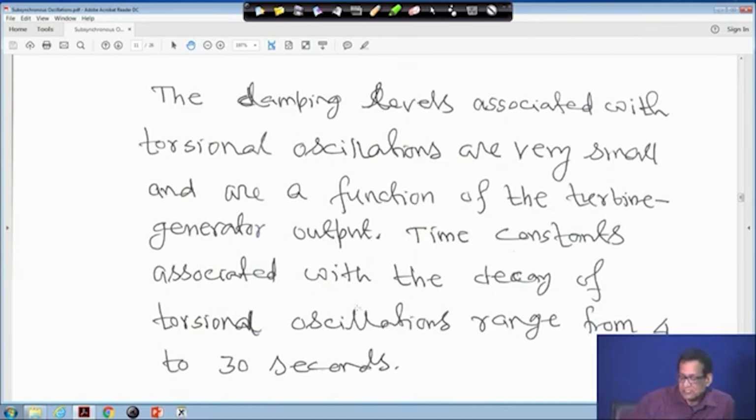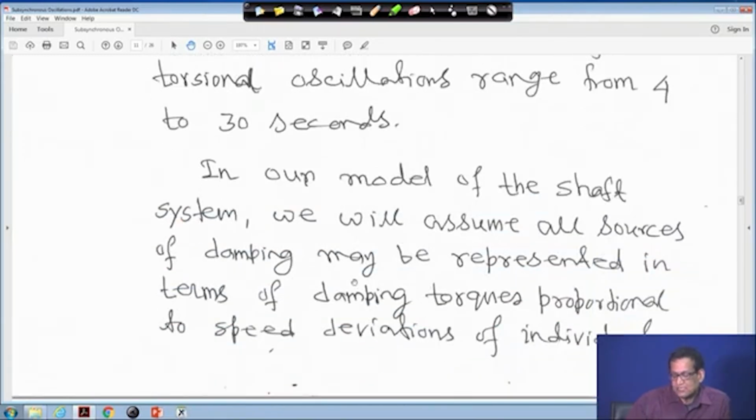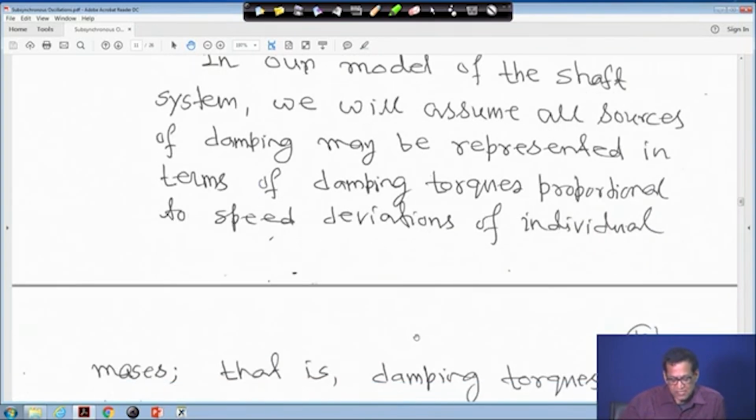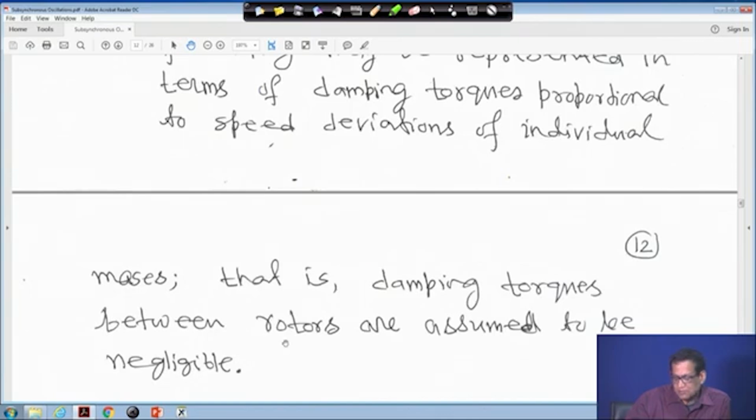In this model of the shaft system, we will assume all sources of damping may be represented in terms of damping torques proportional to speed deviation of the individual masses. We represent it in the simplest manner: damping torques between rotors are assumed to be negligible.